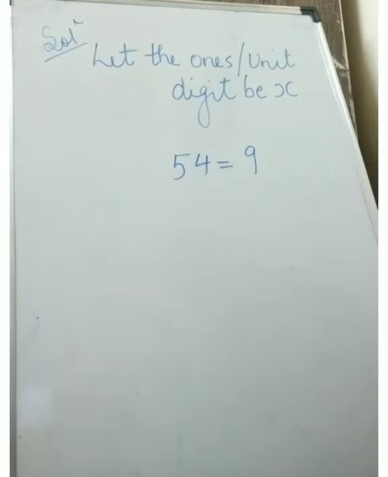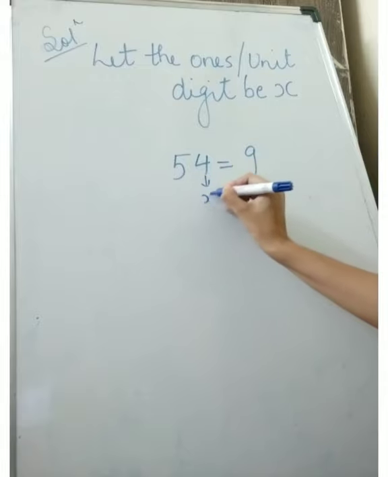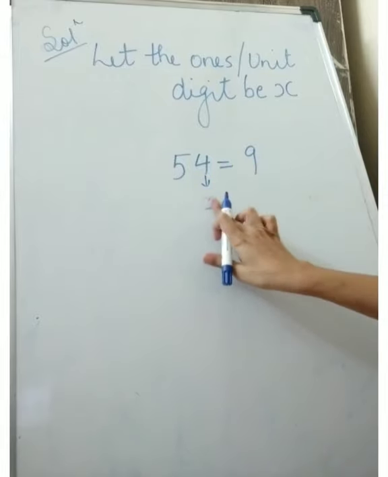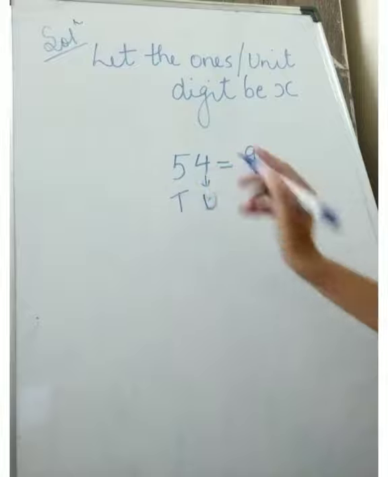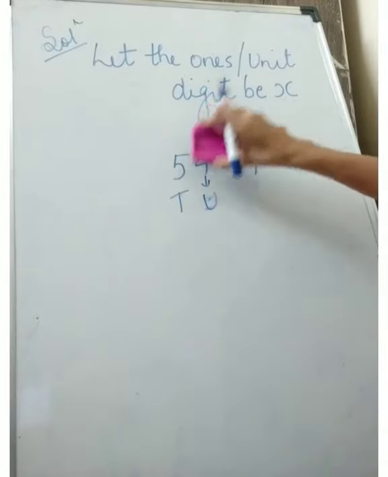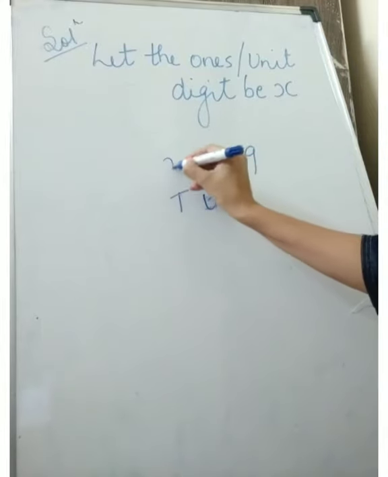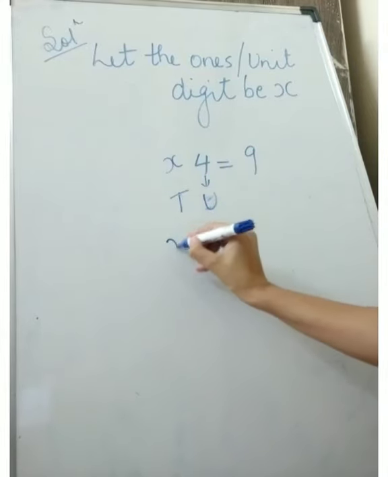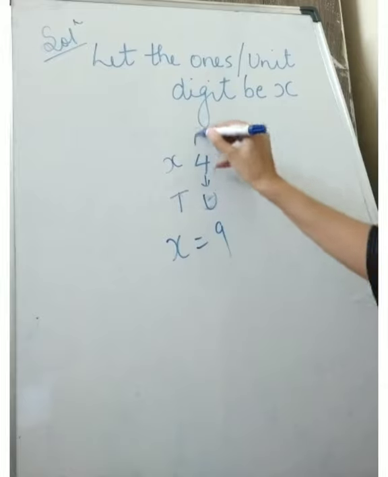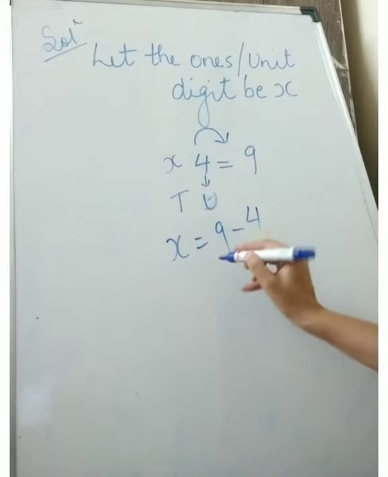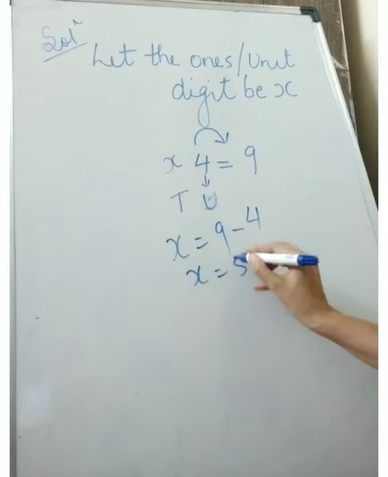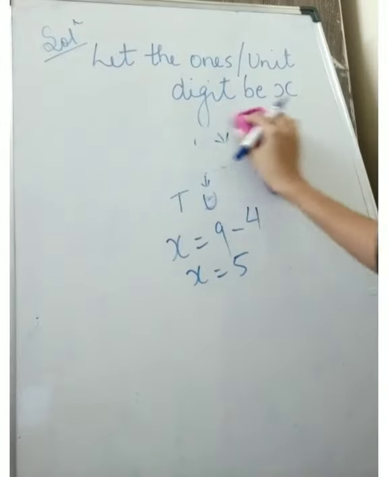They have given this thing. Now suppose this is the ones digit and this is the tens digit. If I do not have the tens digit, how will I find it? x I will keep it here, 9, this 4 when it goes here becomes minus 4, and x will become 5. So like this we will find the number, right?